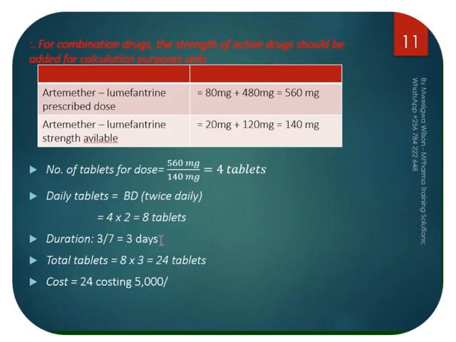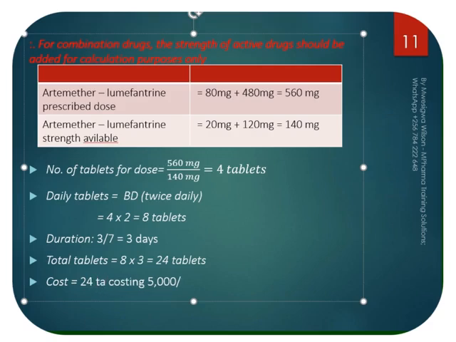Duration is 3 days. You just need to multiply the 8 per day times the number of days, giving 24 tablets. Now remember here we were given the whole pack of 24 costing 5,000. So 24 tablets cost 5,000.